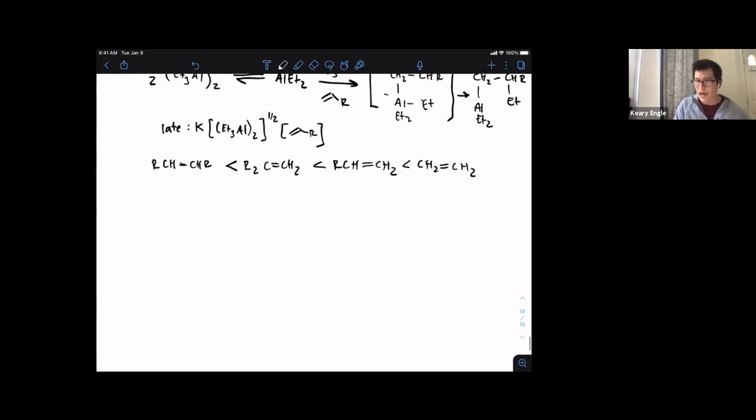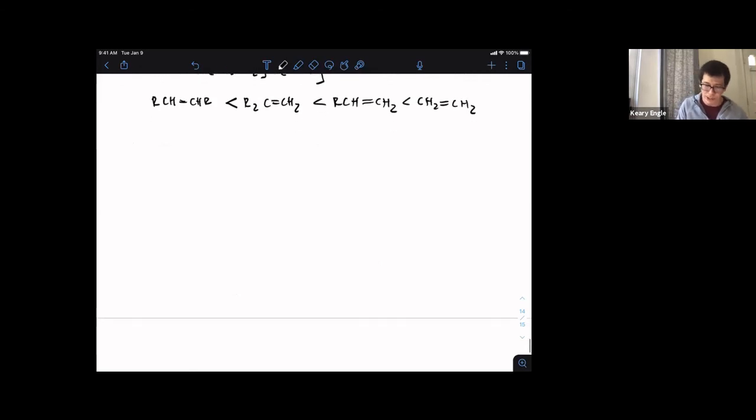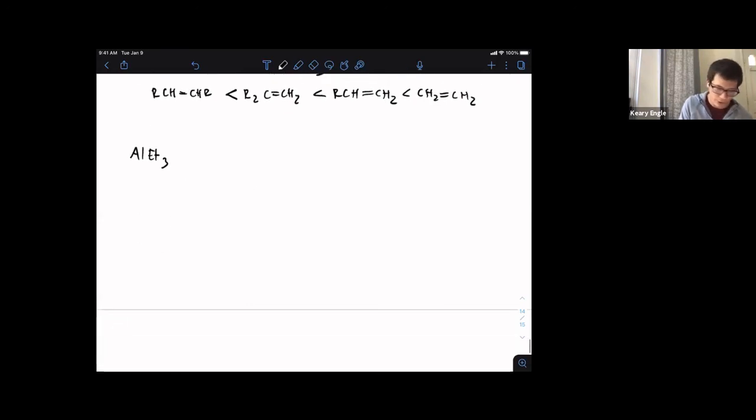And I probably would have gone through this more quickly and left out some details in the actual live class since we're running low on time, but I'll just take the opportunity to provide a little more interesting case study of the reactivity of organoaluminum reactions. So as you can see, one of the reaction partners that does work well here is ethylene.